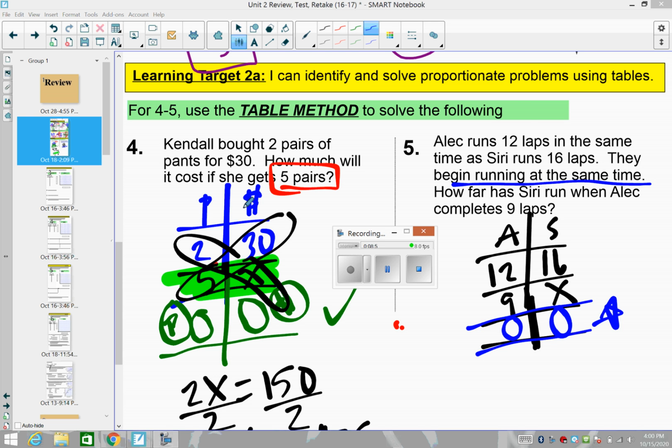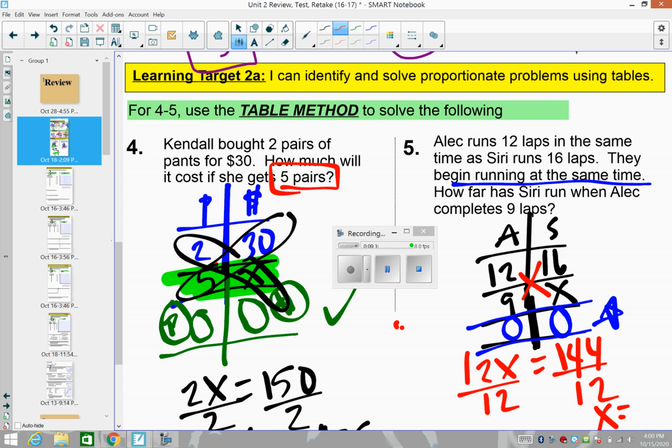All right, so let's see how you did. When we multiply here, we get 12 multiplied by x, and we get 16 multiplied by 9. So we multiply 16 by 9, we get 144. Divide both sides by 12, so we find out that x is 12. 12 what? 12 laps.